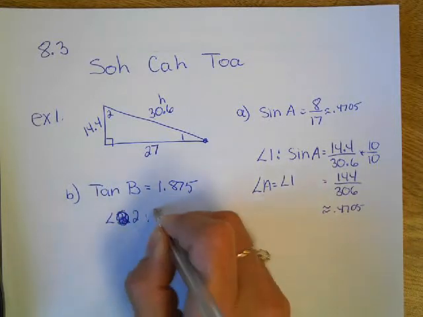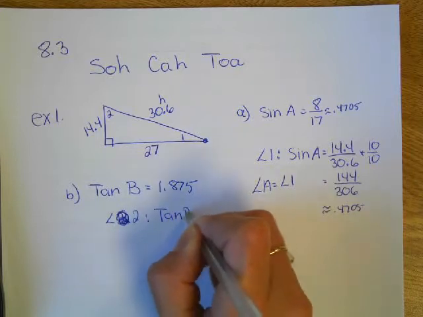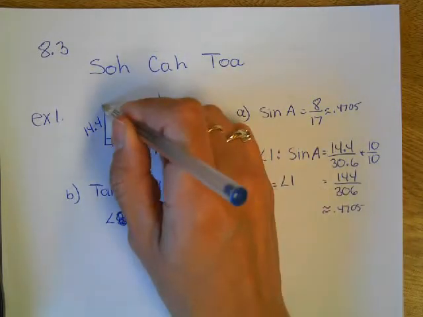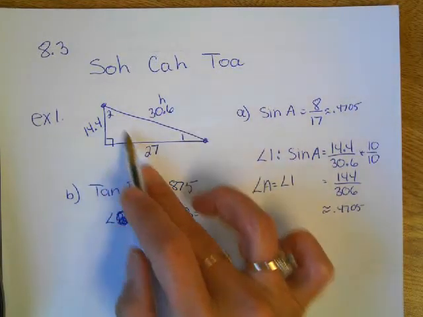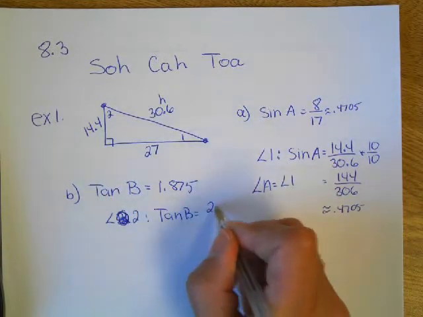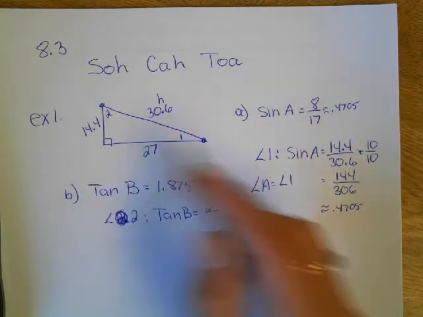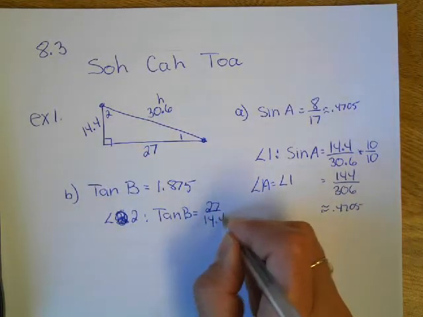Then the tangent of B, so I'm standing up at 2, tangent is opposite over adjacent. Opposite would be the 27, adjacent would be the 14.4.